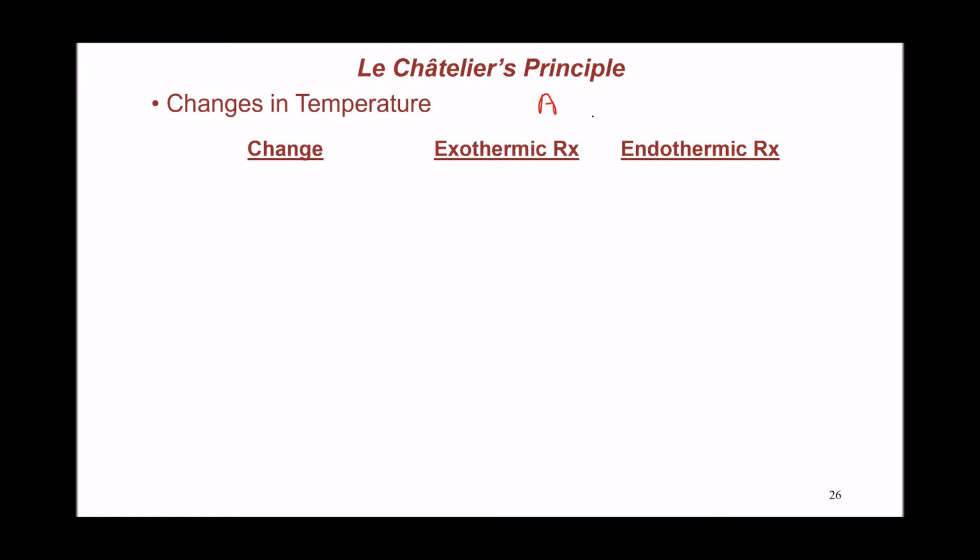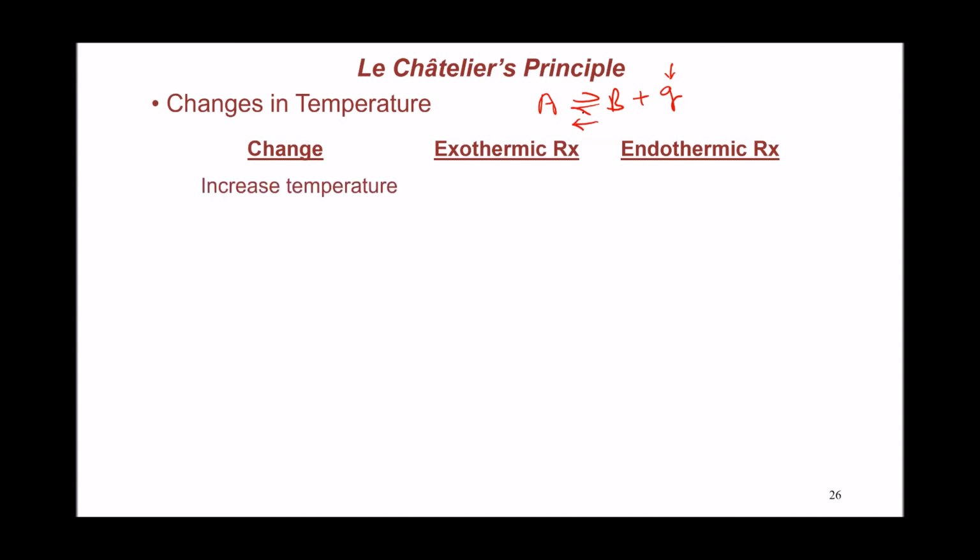So if you're reacting A to make B, and that reaction produces an amount of heat, whatever affects this amount of heat is going to affect the equilibrium of the reaction. If you increase the temperature of the reaction medium, you're adding energy or heat to the reaction. And according to Le Châtelier's principle, the equilibrium is going to shift in the direction that offsets that change. So it's going to go backward in this case.